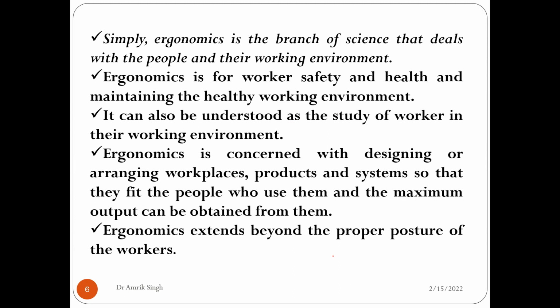So this is exactly what ergonomics is. In one of our previous lectures, somebody was asking and was interested in knowing about ergonomics, so I hope that I have made things clear to you. Simply, ergonomics is a branch of science which deals with people and their working environment. So it is a very simple definition.